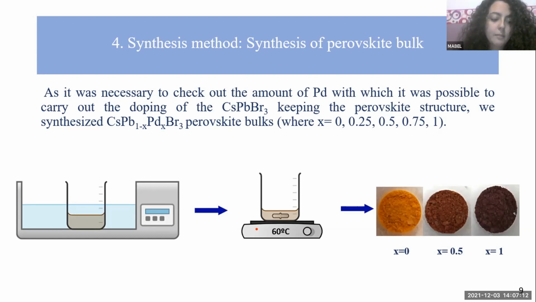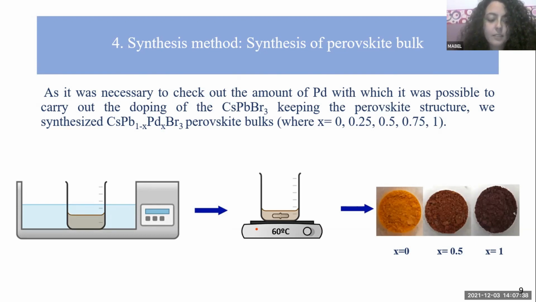This was done by dissolving 2.48 multiplied by 10 to the minus 3 mole of cesium bromide, lead dibromide, and palladium dibromide in 2 milliliters of dimethyl sulfoxide in an ultrasound bath, and then the mixture is heated on a hot plate at 60 degrees until obtaining powders of the perovskite.